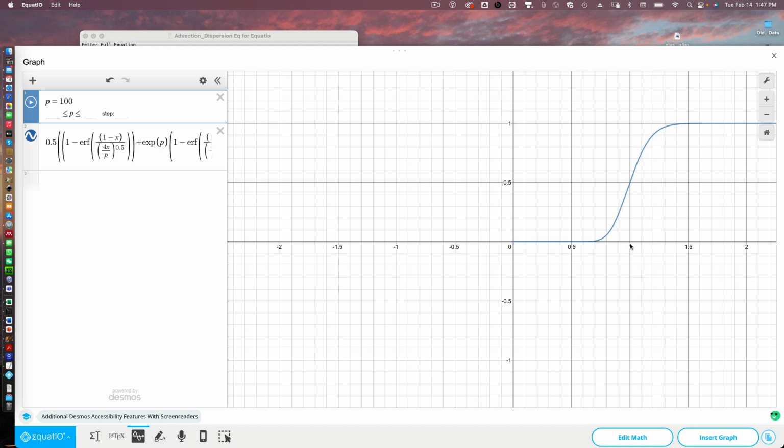This is pore volumes, so T_R equals 1 means one complete pore volume is pushed through the core from its entry to its exit, and we're measuring the concentration at the exit. And at a Peclet number of 100, the 50% concentration is exactly at 1 pore volume. This part here is due to the fingers that are going ahead of it, and these are the fingers of water that have no contaminant in them that are behind it.